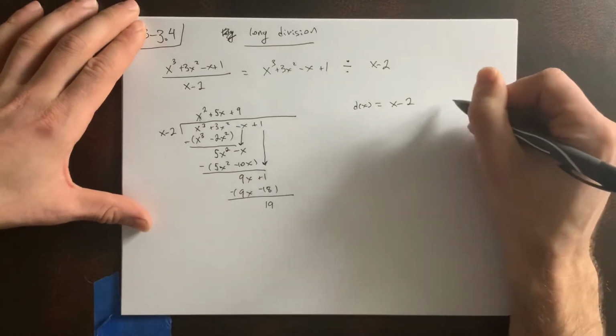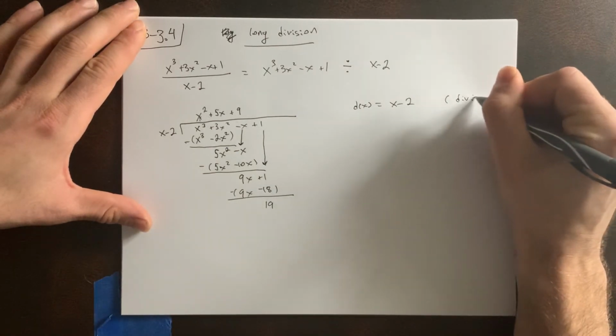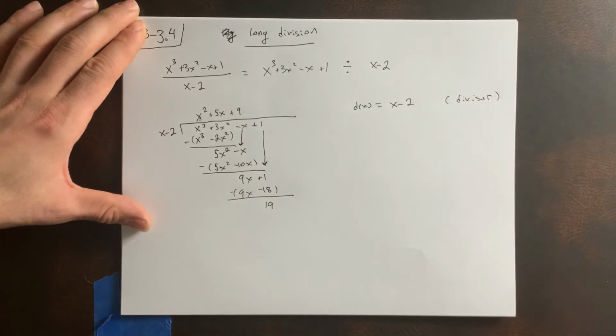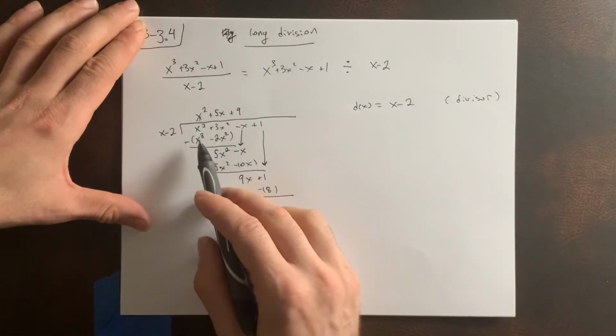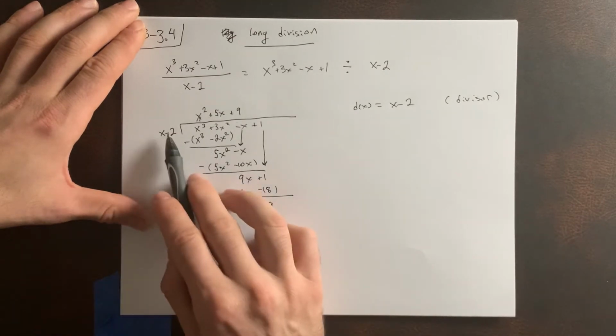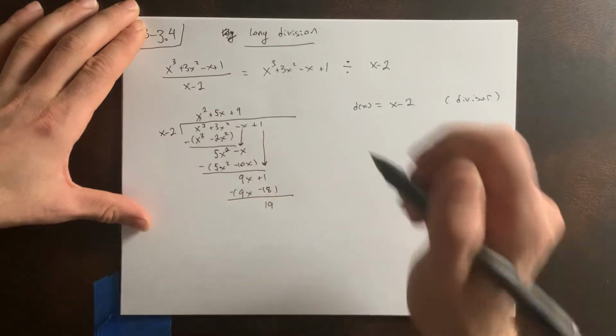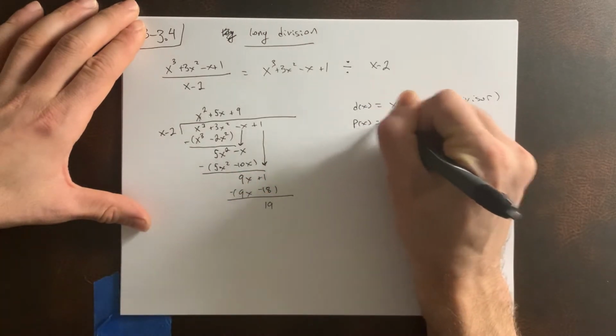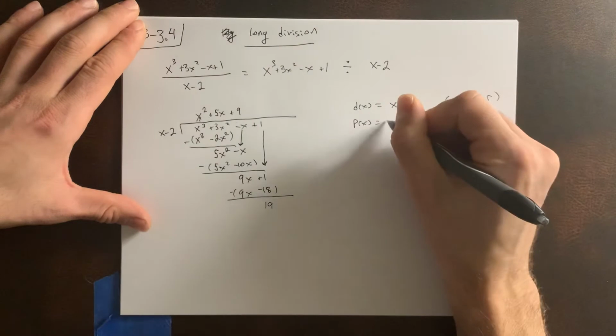It's called d of x because it stands for the divisor, the same word as in division with regular numbers when you're first learning math. This inside thing we call p of x, so x cubed.